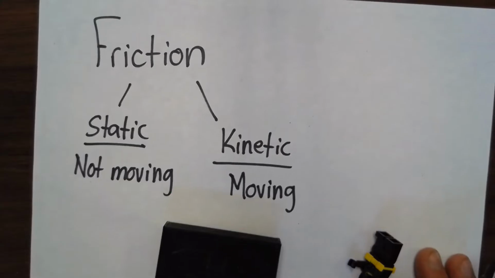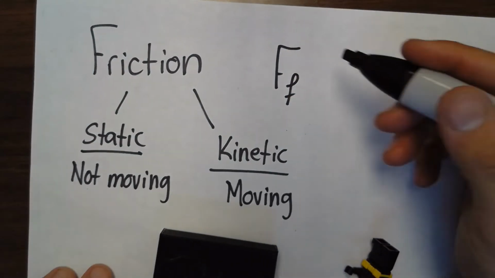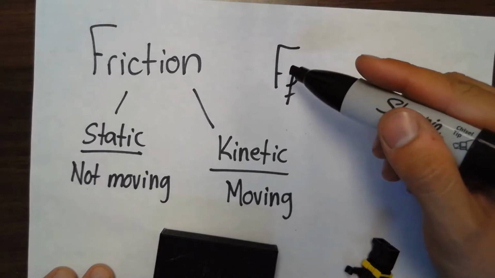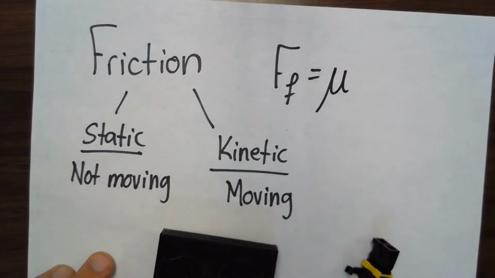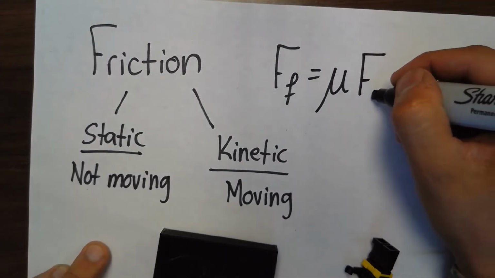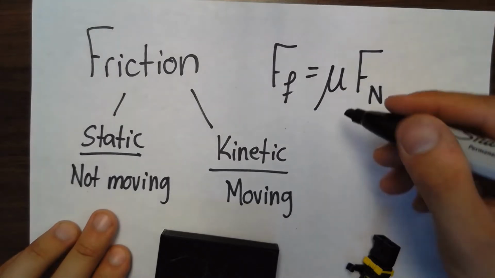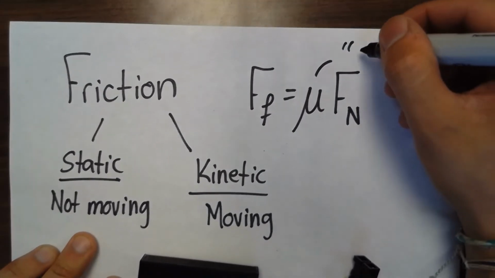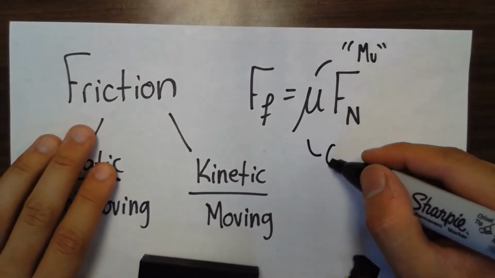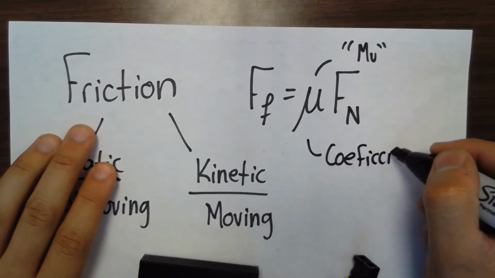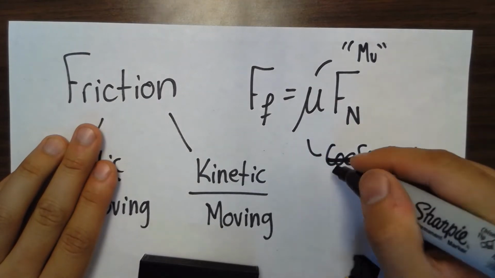So instead we want to look at the two different parts of the friction equation. The force of friction, lowercase f, is equal to this symbol right here times Fn. Now this symbol is the Greek letter mu, and this is called the coefficient of friction. I spelled that word so wrong.